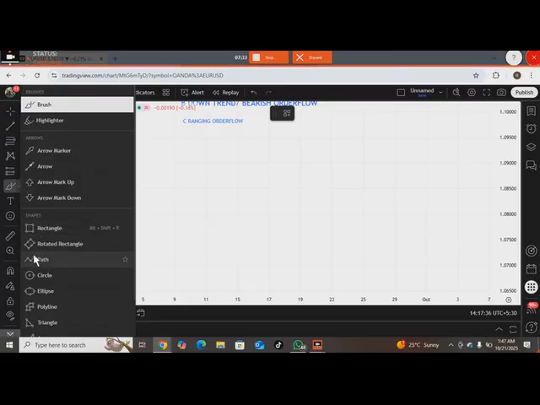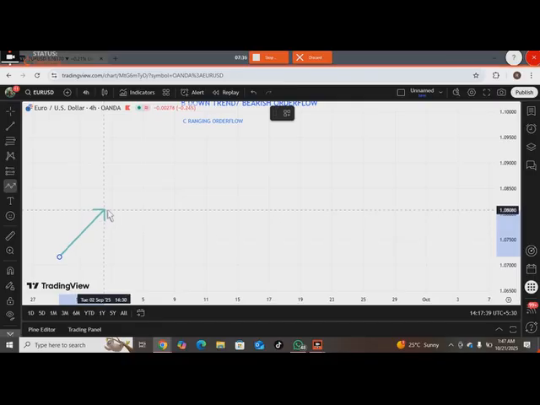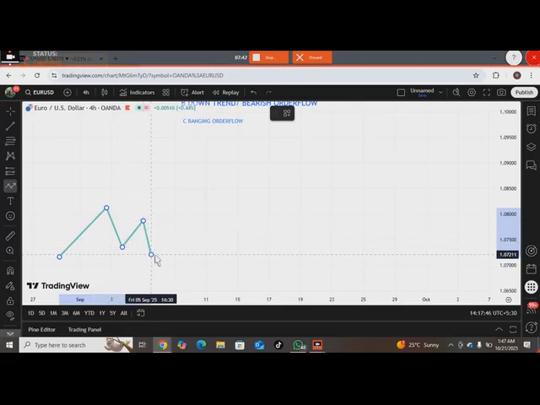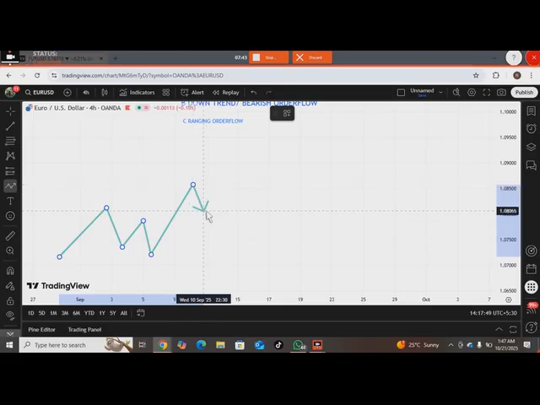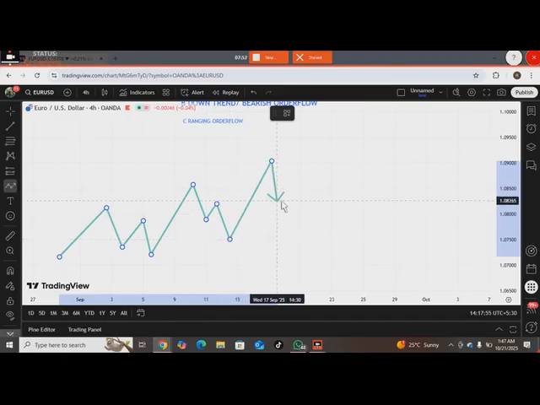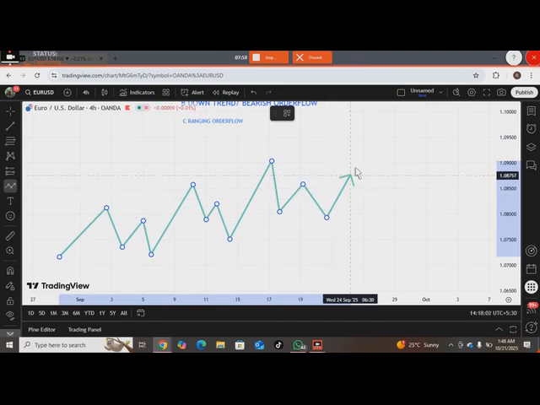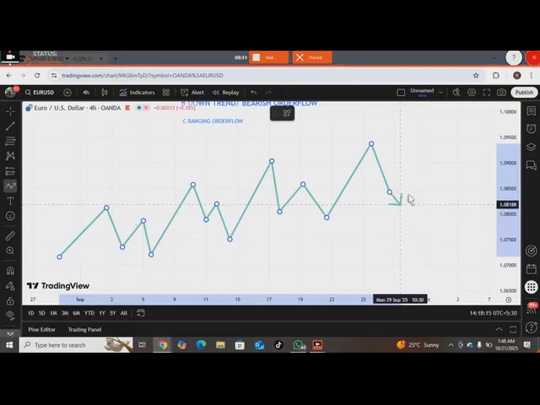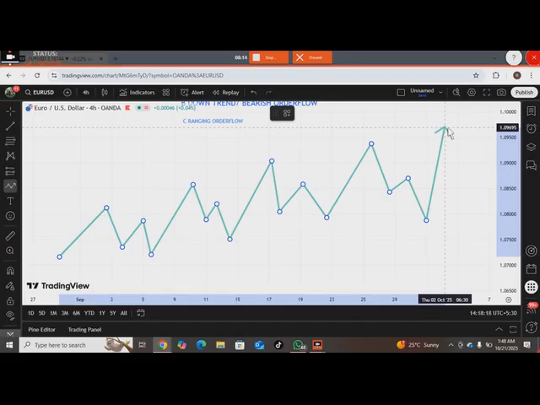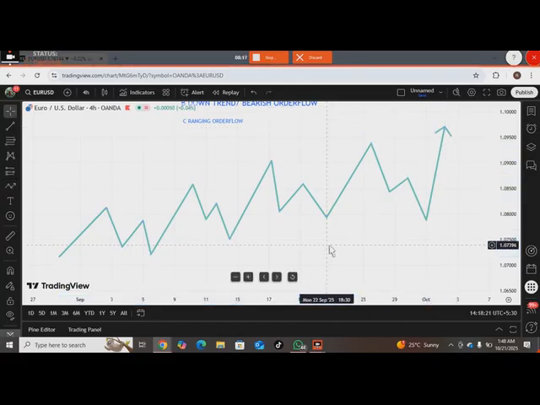When you see the market is moving in this way, in this way, in this way, this we call an uptrend. When you see the market is moving this way, this is an uptrend.